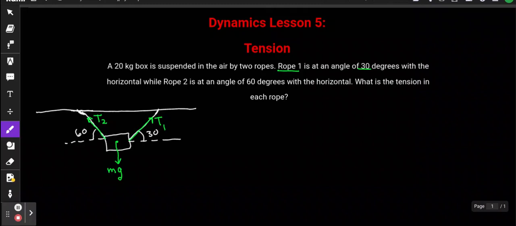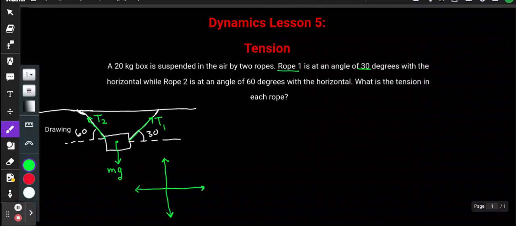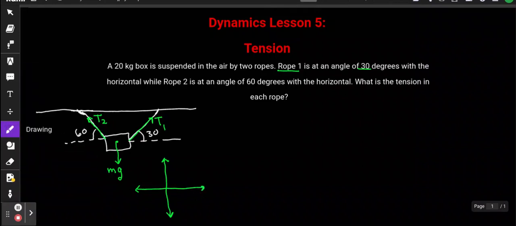So this indicates that we have to find F net equations in x and y. So what I'm going to do is draw a small coordinate system right here so that I can draw these out more accurately. So this is where our box is. There is mg here, tension 1, and tension 2.